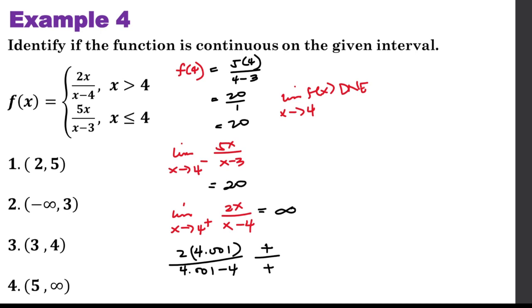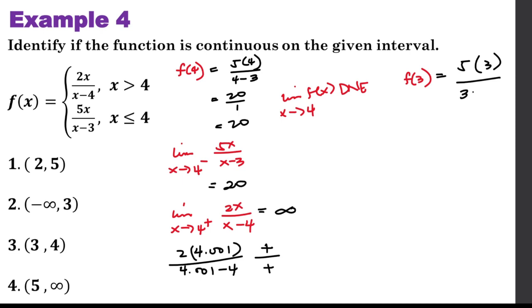Now, going back to the given function, the second function, 5x over x minus 3, is discontinuous at x is equal to 3. Because when we substitute 3 into our denominator, for example, let us try to have f of 3 for 5x over x minus 3.